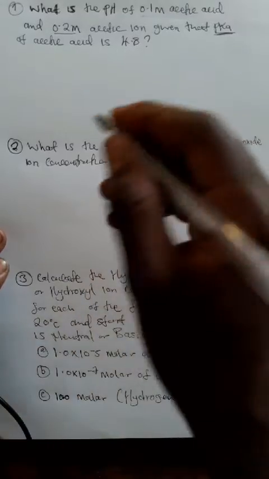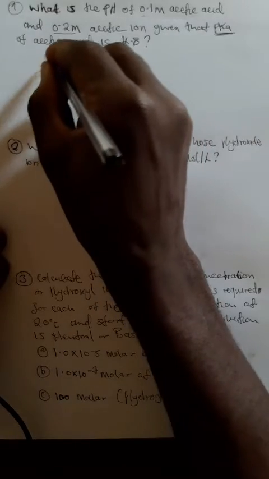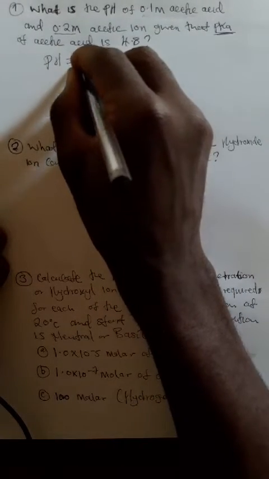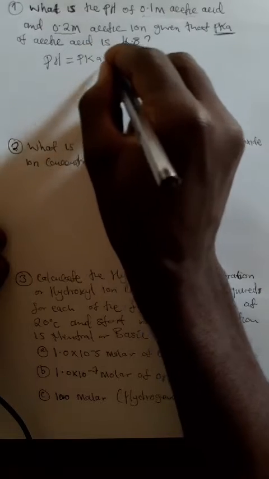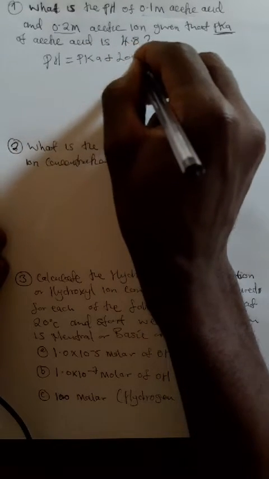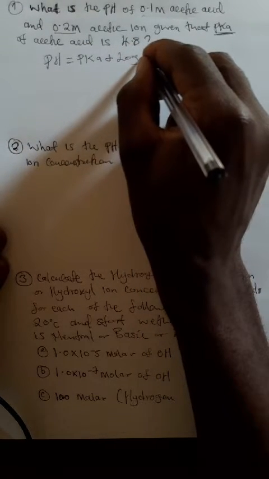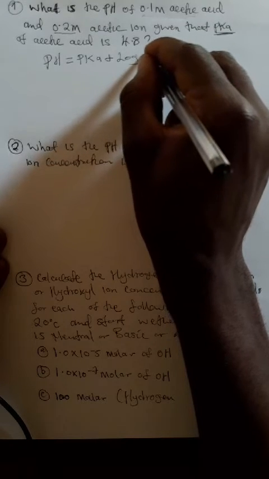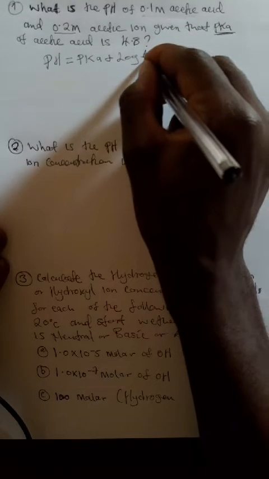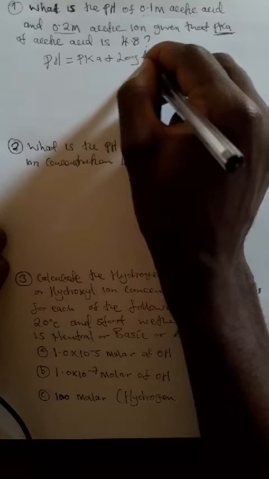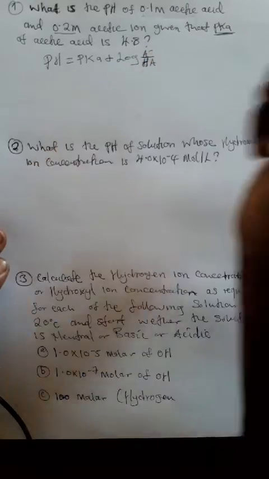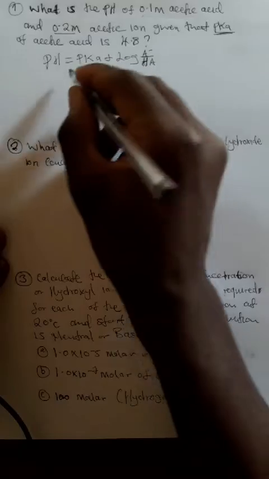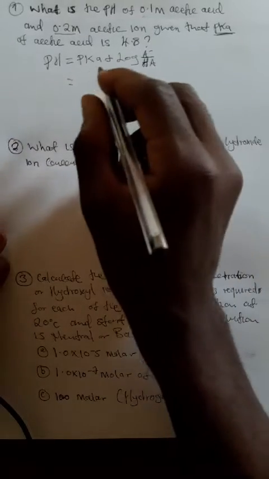The formula that we can use is pH is equal to the pKa plus log of the conjugate base over the weak acid. So when you write the formula, just plug in these values that have been given here.